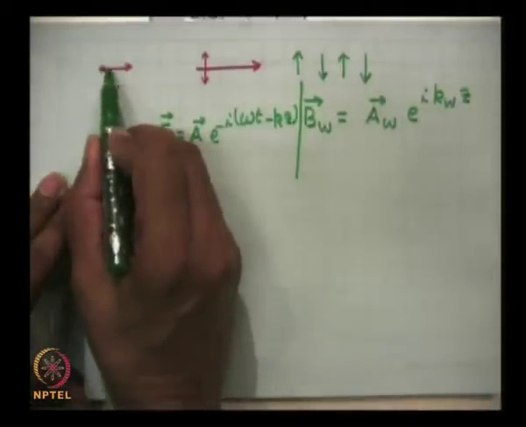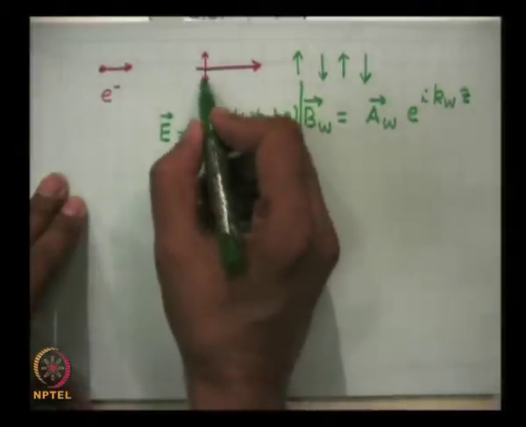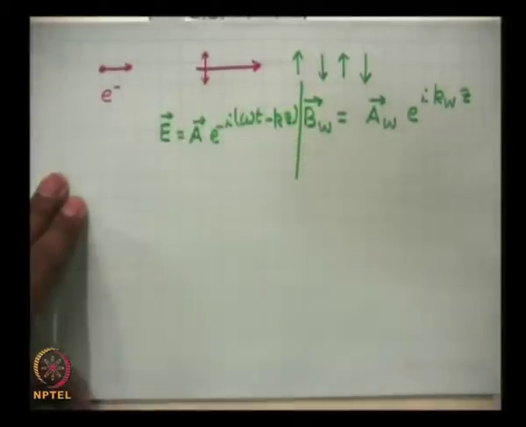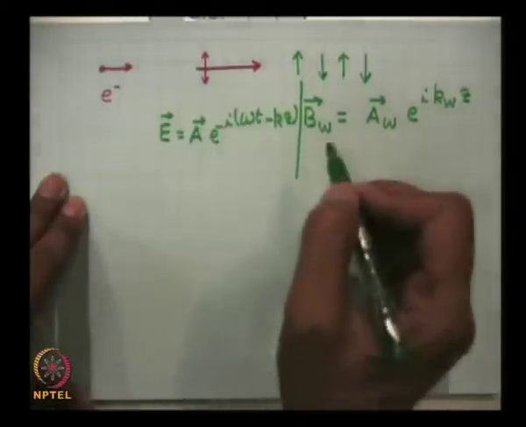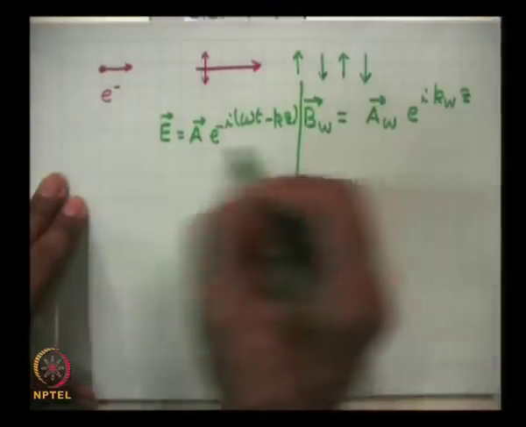If the electron sees this electromagnetic wave, the electron will oscillate in the direction of the electric field of the wave. Well, rather than, I have not done this properly. These two are chosen perpendicular to each other.